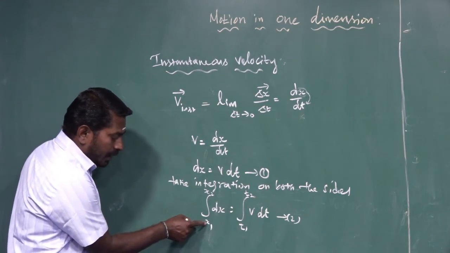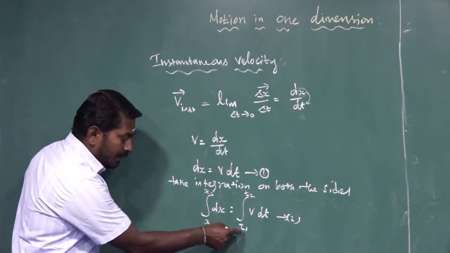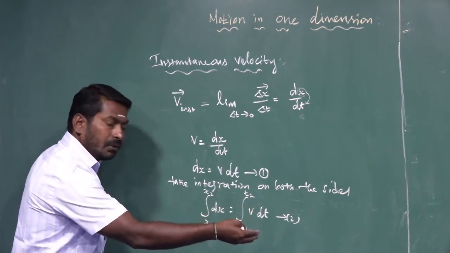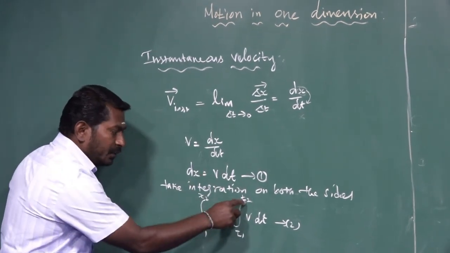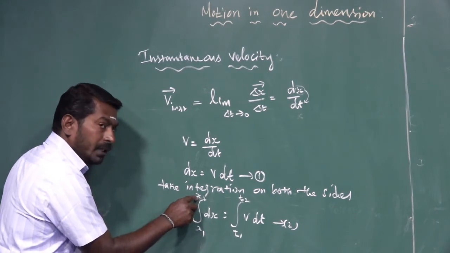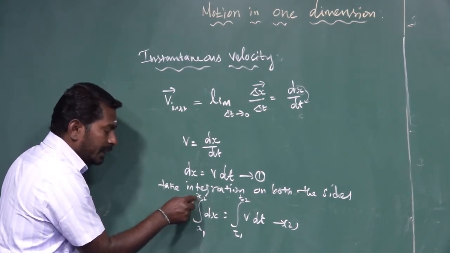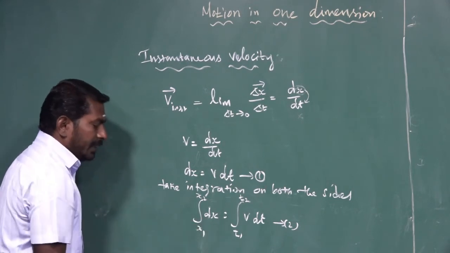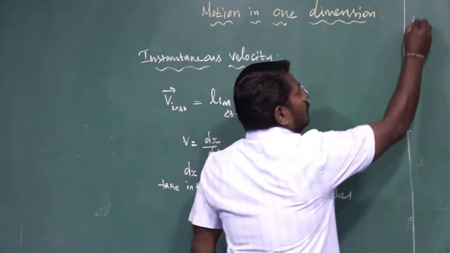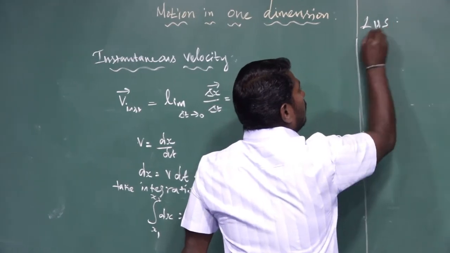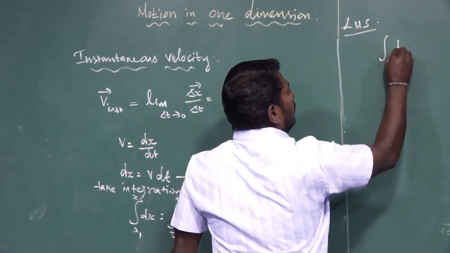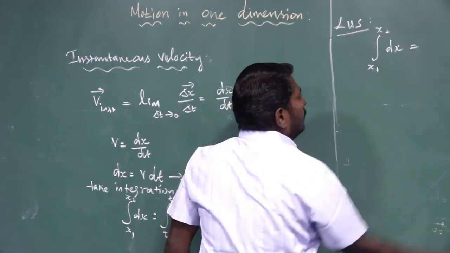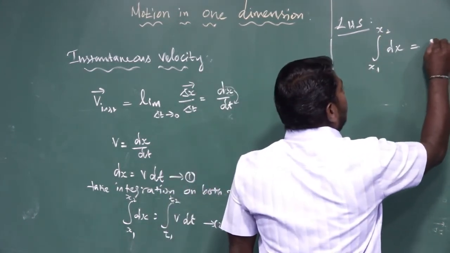So initially the displacement is x1 at the time t1. Next, the position of an object along the x-axis continuously varies. At that instant of time t2, the position or displacement of the object is x2. So in the left hand side of the integration, the integral of dx from x1 to x2 will give displacement.